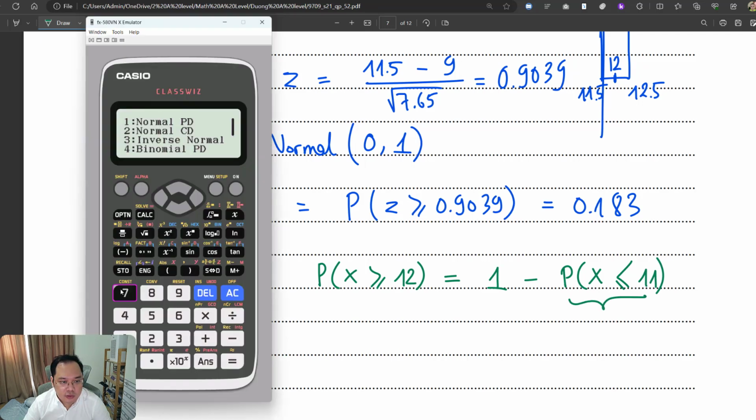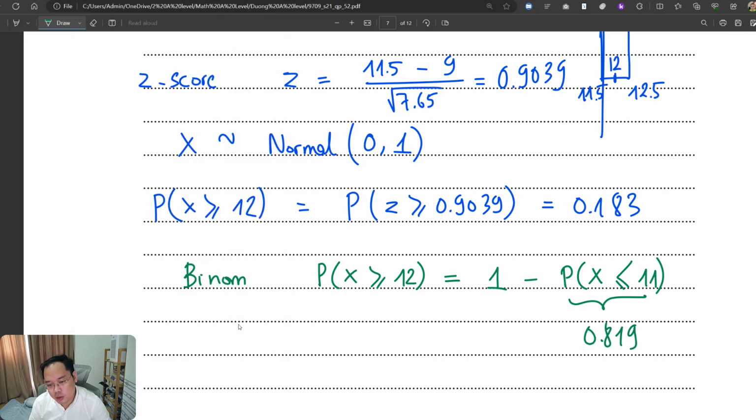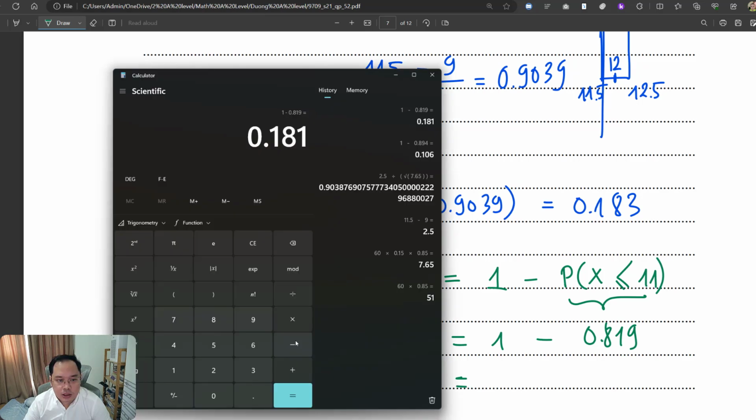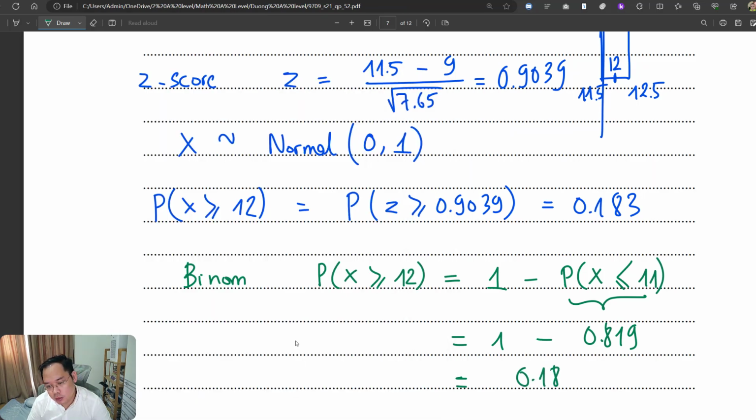Menu 7, binomial CD, and then the variable x is 11, n is 60, the number of trials, and p is 0.15. This probability is 0.819. Then doing the subtraction, we get 0.181, which is very close compared to the normal distribution approximation.